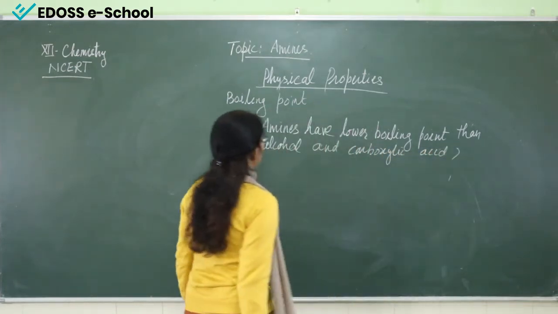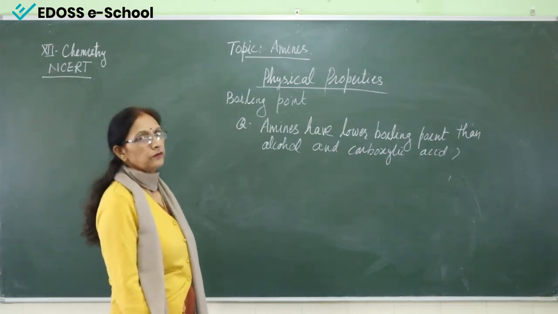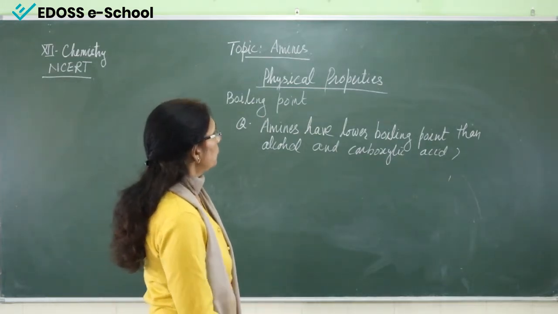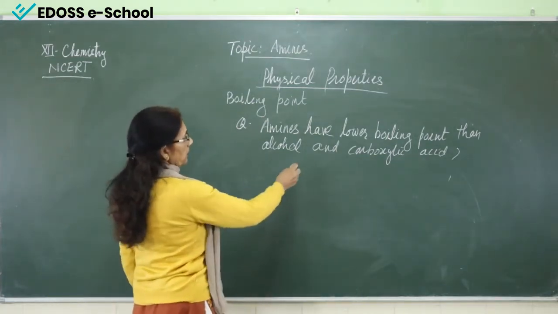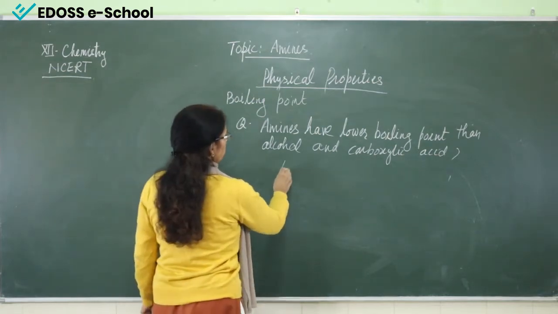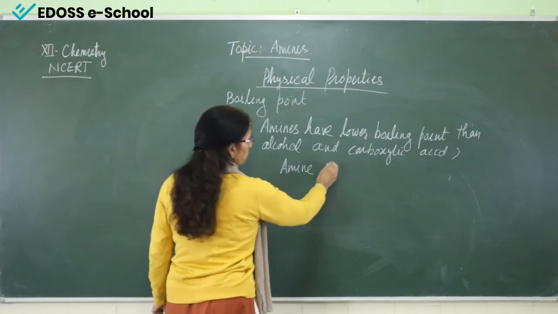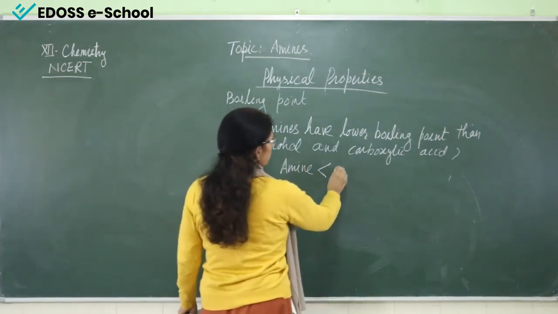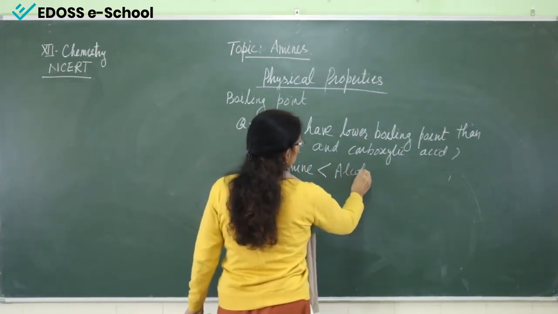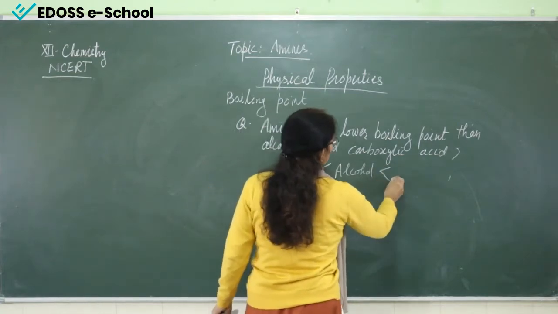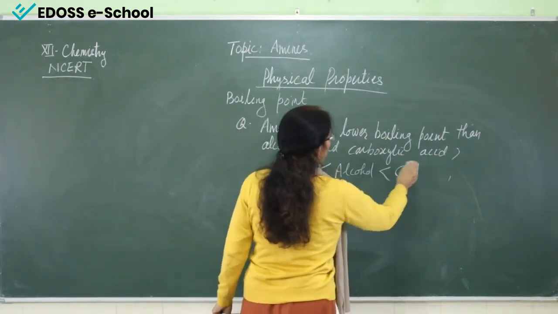Now see here, this is a very important question. Amines have lower boiling point, meaning if I write amines, its boiling point will be less than alcohol or carboxylic acids. So what's the reason?